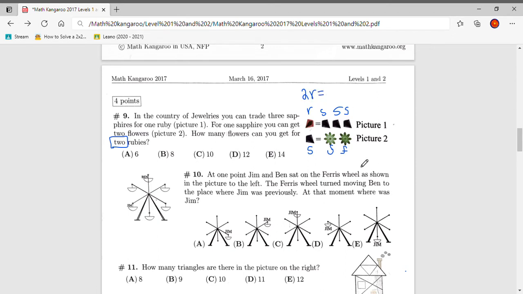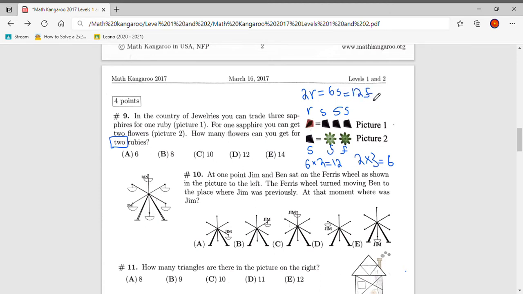Well, if 1 ruby equals 3 sapphires, then that means 2 rubies will equal 6 sapphires. If 1 sapphire equals 2 flowers, then that means 6 sapphires will equal 12 flowers. So 2 rubies equals 6 sapphires equals 12 flowers.